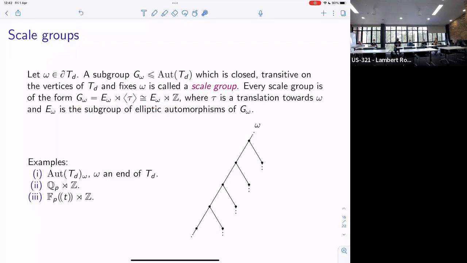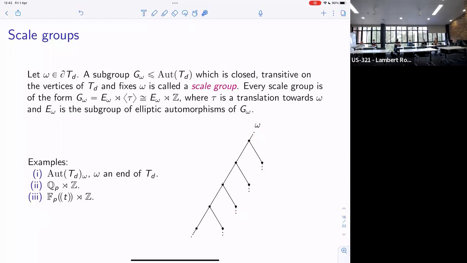The elliptic subgroup is precisely the subgroup of all elliptic automorphisms, and the elliptic automorphisms are those that fix some vertex in our tree, and hence fix the path from that vertex all the way out to the end omega. And then this translation is just shifting the tree towards or away from the end omega.